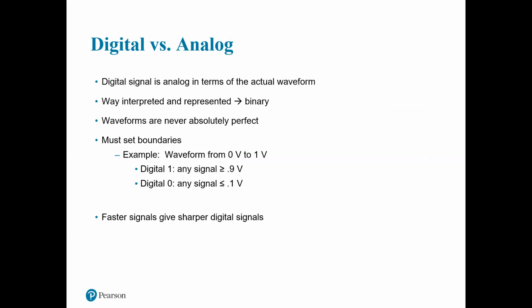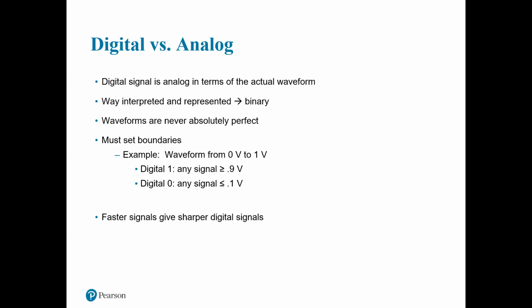Digital signals, as I said before, are analog in terms of the actual waveform. However, the way digital signals are represented and interpreted is binary. As we know, analog waveforms are never absolutely perfect, so we have to set boundaries on the waveforms. For instance, we could have a waveform which is 0 volts to 1 volt, 0 volts minimum, 1 volt maximum.